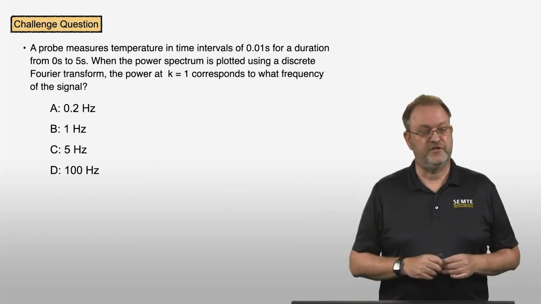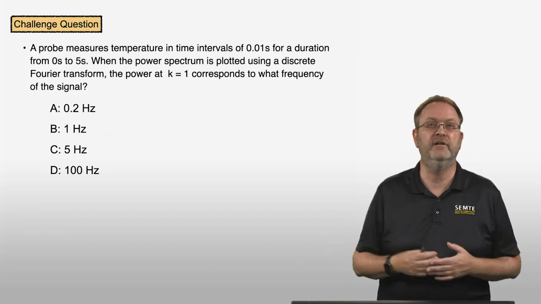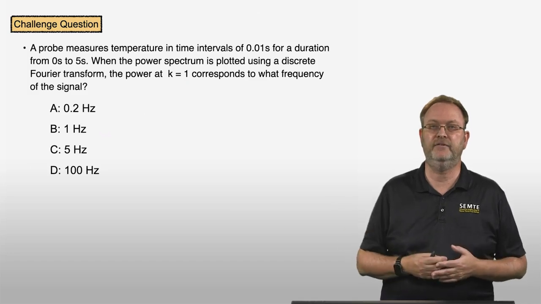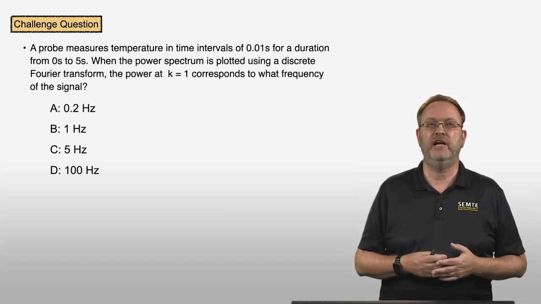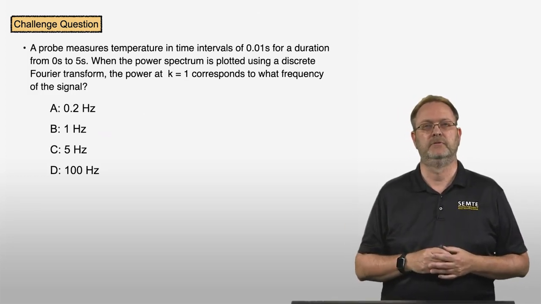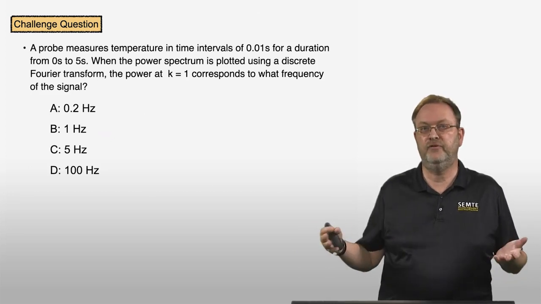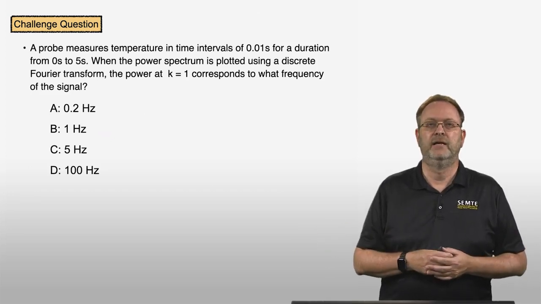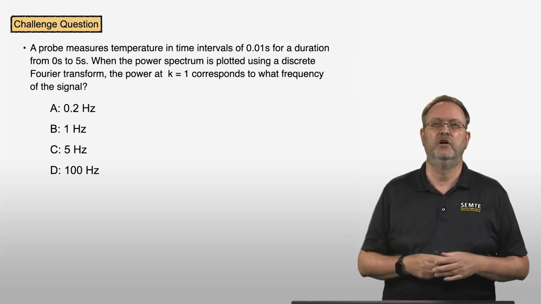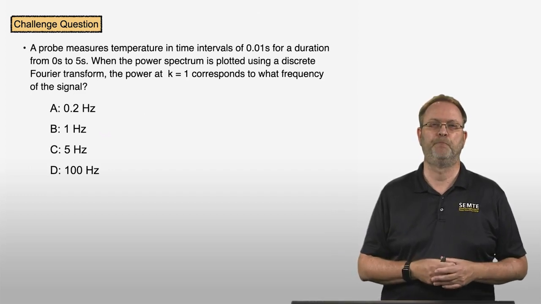Now, one more challenge question. Let's say a probe measures temperature in time intervals of 0.01 second for a duration from 0 seconds to 5 seconds. When the power spectrum is plotted using the discrete Fourier transform, the power value at k equal to 1 corresponds to what frequency of the signal?